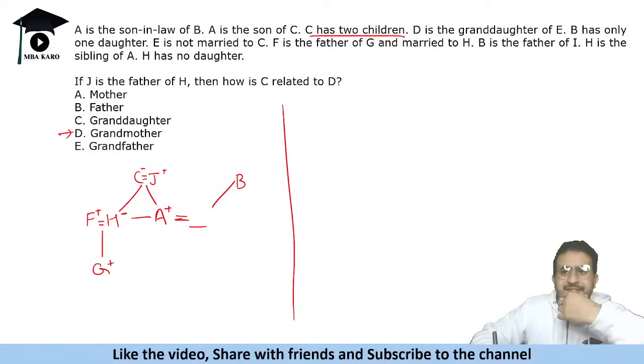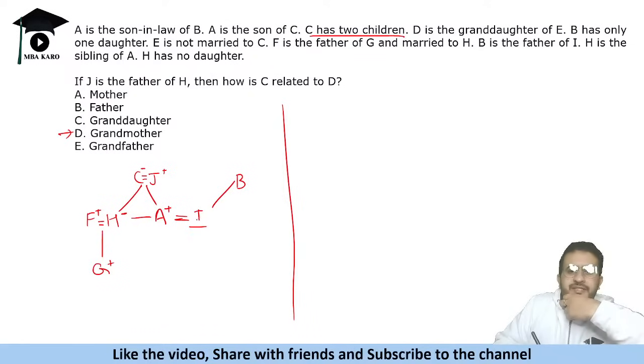Okay. D is the granddaughter of E. B has only one daughter. So B has only one daughter. That means I is the daughter of B, right? So B is the father of I. E is not married to C. Okay, so that is not needed because we already figured out J is married to C. H is the sibling of A. H has no daughter.